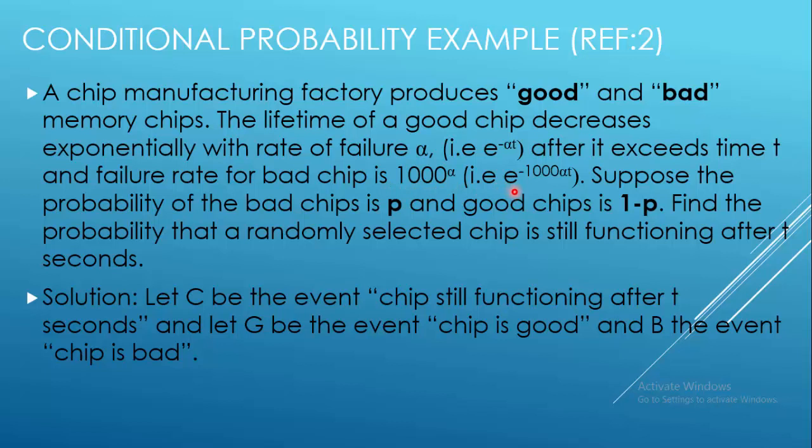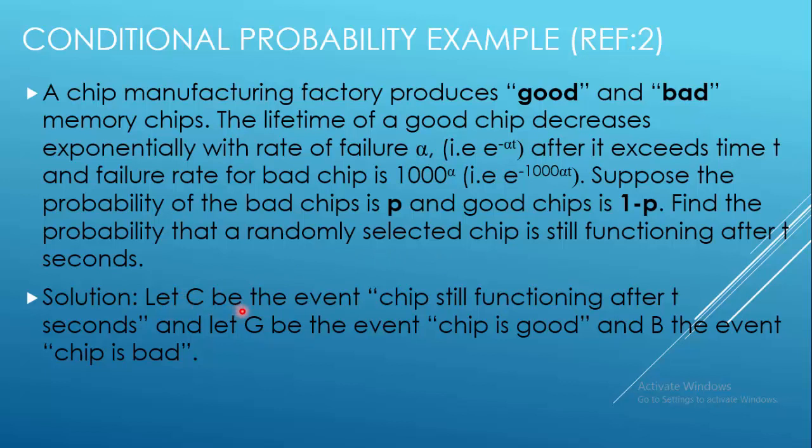So e is raised to power minus 1000 alpha t. Suppose the probability of bad chips is p and good chips is 1 minus p. Find the probability that a randomly selected chip is still functioning after t seconds.